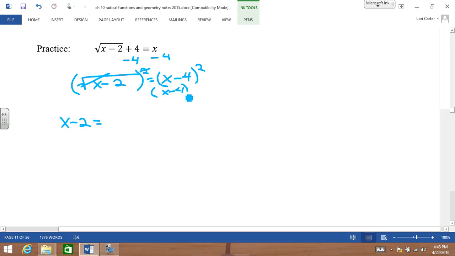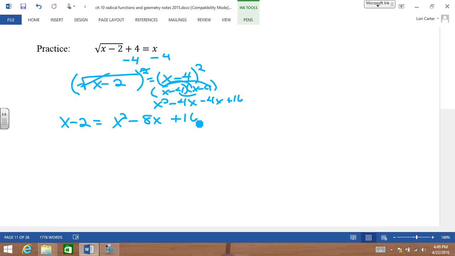X minus 4 times x minus 4. X squared minus 4x minus 4x plus 16. So we have x squared minus 8x plus 16. We've done our FOILs. We've written everything down. Now we must set it equal to 0.